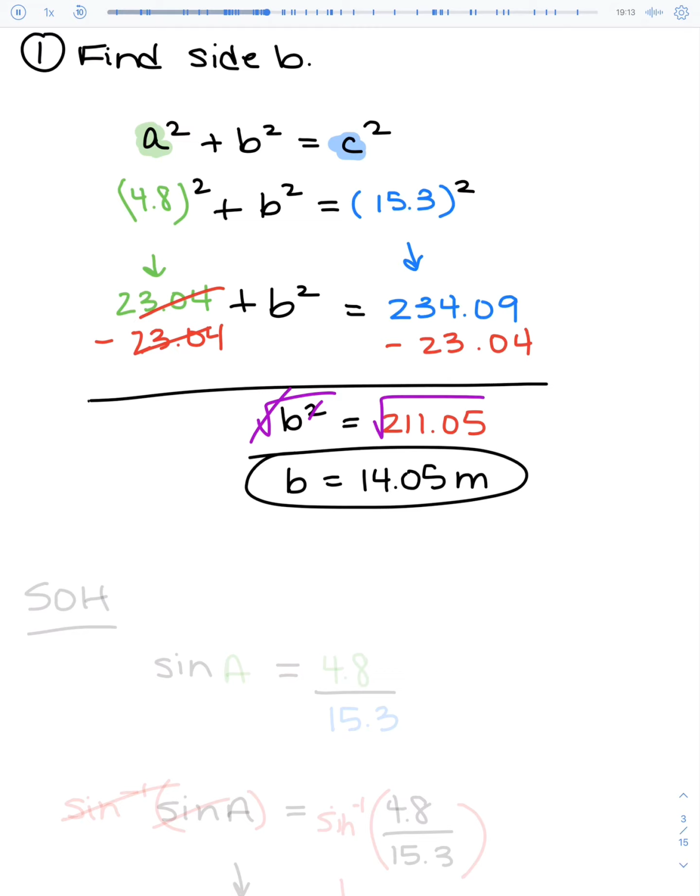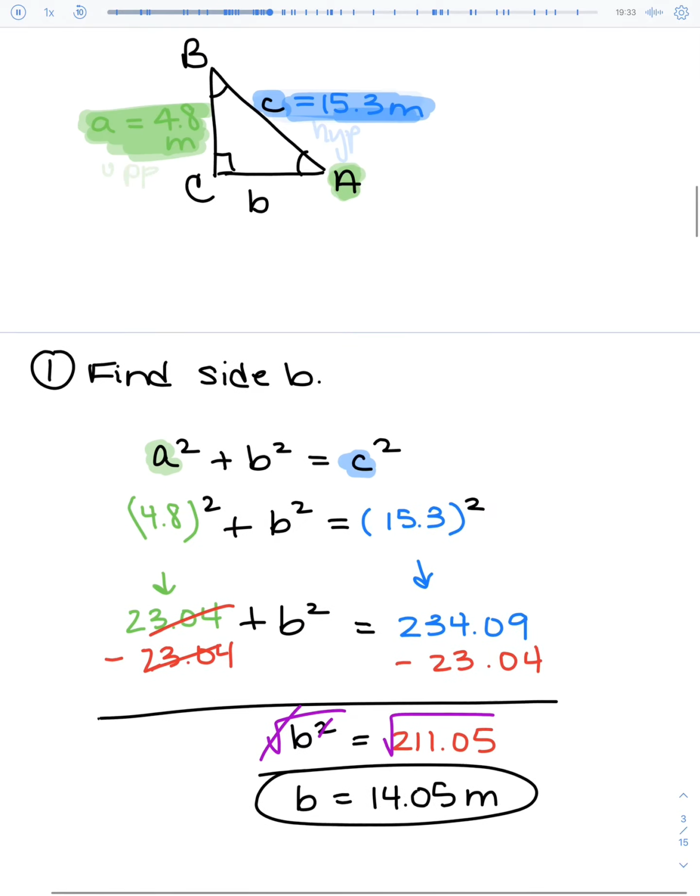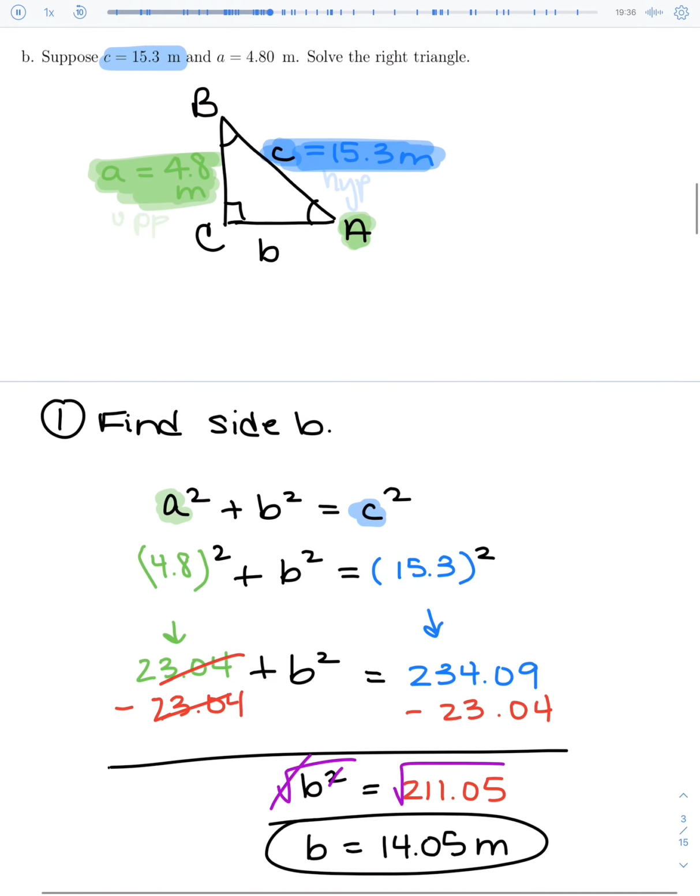So the next thing is to go after the angles. The only way to actually start using the angles is to use your 6 trigonometric functions. Now you can choose any angle to start with. I'm going to start with angle A and use the 2 sides I already had before any of this started, which is side A and side C. Notice if I use angle A, side A is going to be opposite, and side C is going to be the hypotenuse.